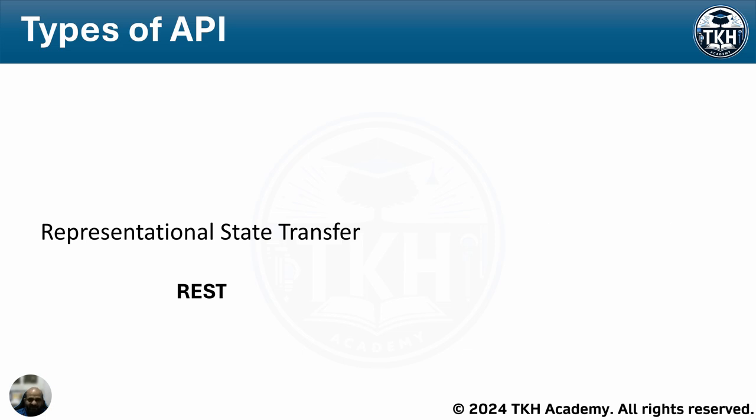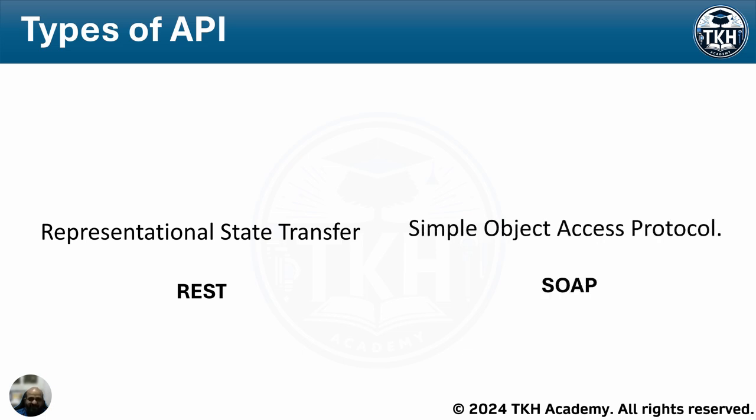The next type of API that is available is the SOAP API. So what is a SOAP API? It is Simple Object Access Protocol. Let's break it down to understand it better. Simple: despite the complexity of the specifications, the name suggests that the protocol aims to simplify communication between applications by providing a standard way to structure messages.